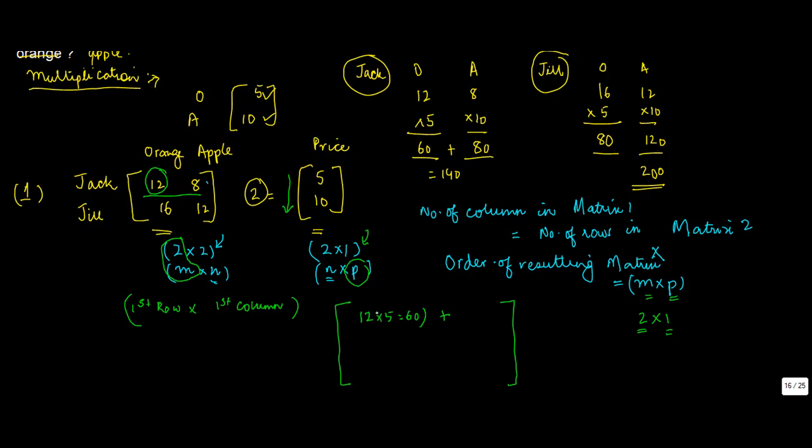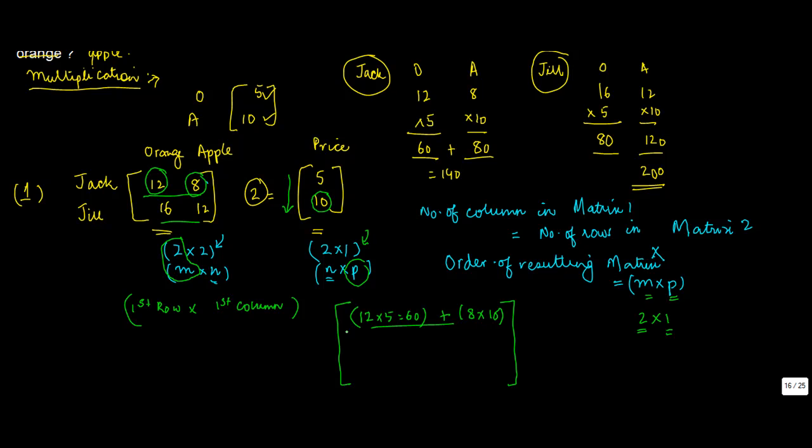Plus 8 into 10. What is 8 into 10? It is the second element of the first row into the second element of the second row. Then you multiply the second row with these elements just like you did here.